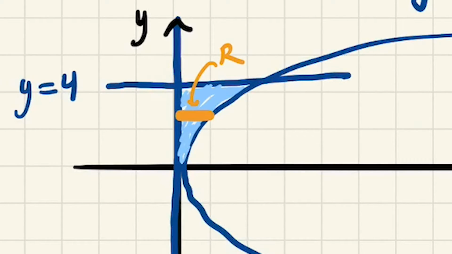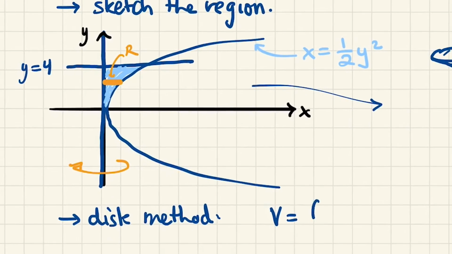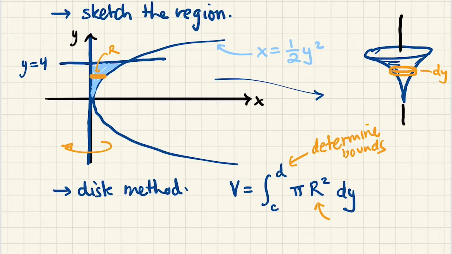Okay, but we're going to, of course, use the disk method. So our volume is going to be the integral from c to d, because we're integrating with respect to y, of pi times the radius squared dy. So again, we just have to figure out what c and d are, and we need to determine what r is.